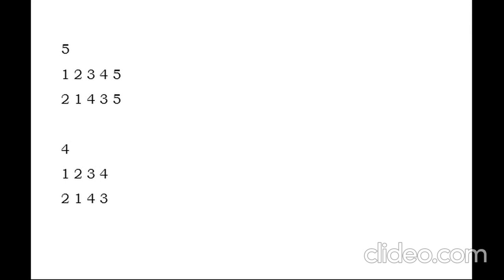Now I'll tell you the algorithm of this program and then we'll move on to coding it. First we have to accept the number of test cases. So I will accept int t and scan t. Now I have the value of t, so I'll run a while loop with t minus minus.